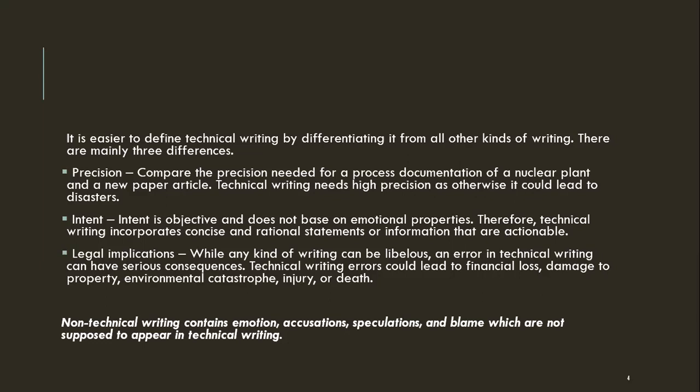Therefore, technical writing incorporates concise and rational statements or information that are actionable. So the intention of the writer has to be objective and it should not be affected by the emotional properties of the author. It has to be largely understood by the majority of the audience.